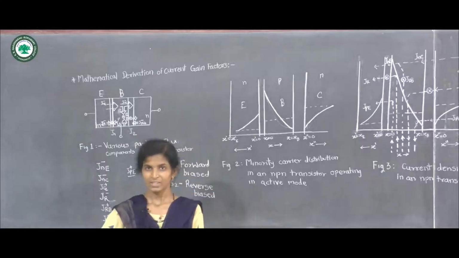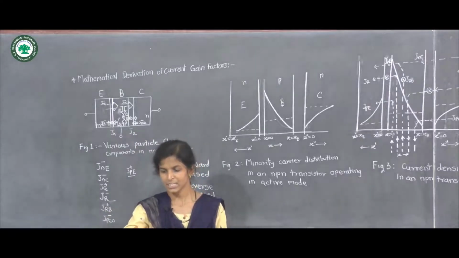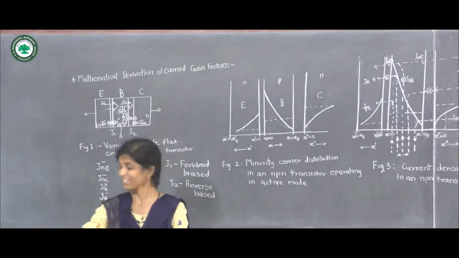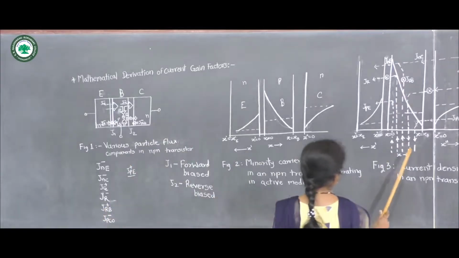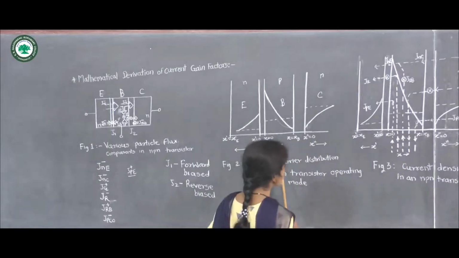So the corresponding electric current density components in the NPN transistor are given by this figure number 3, which is identical to figure number 2.